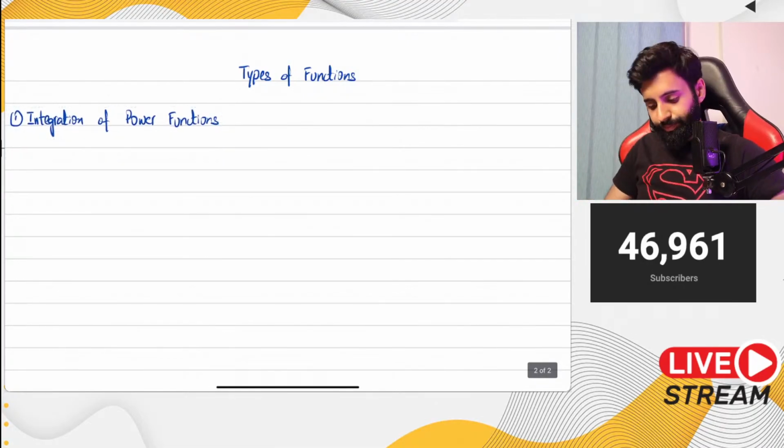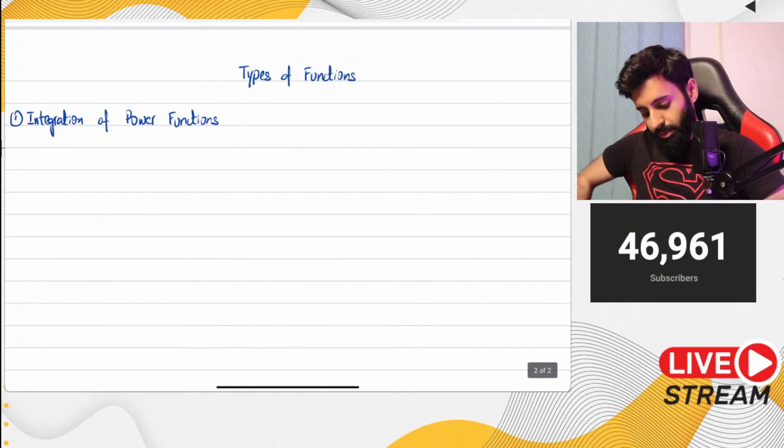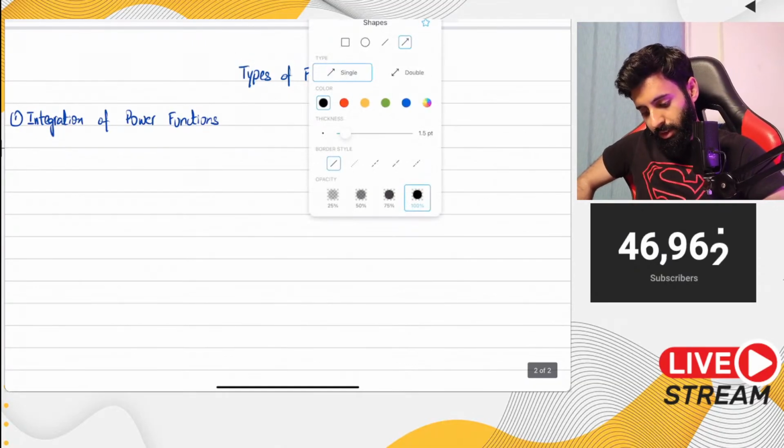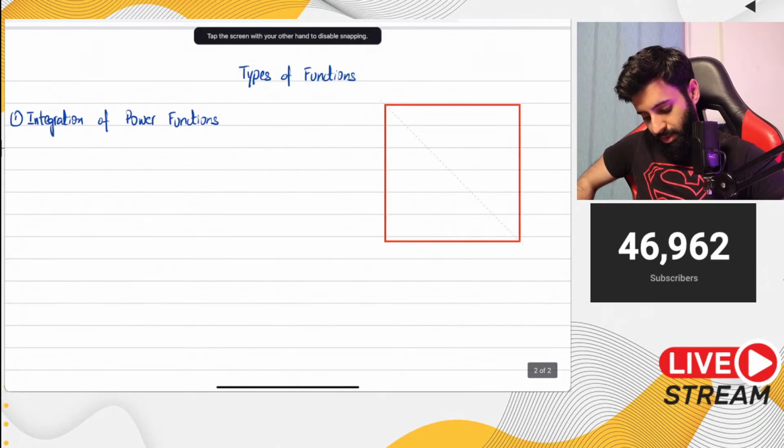At the same time, we're going to try and recall differentiation as well. So here is a recap of differentiation.